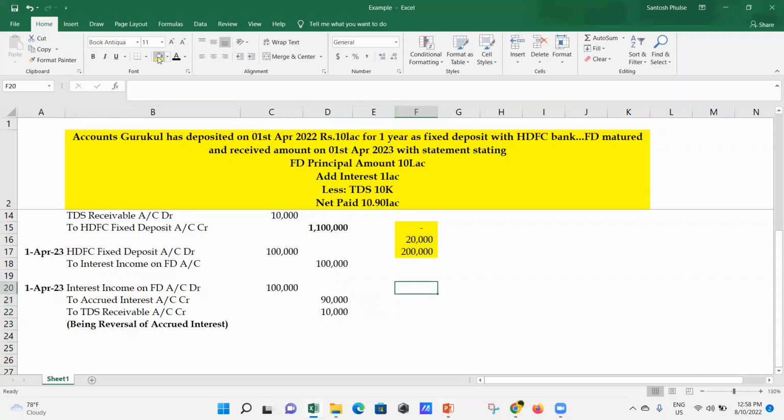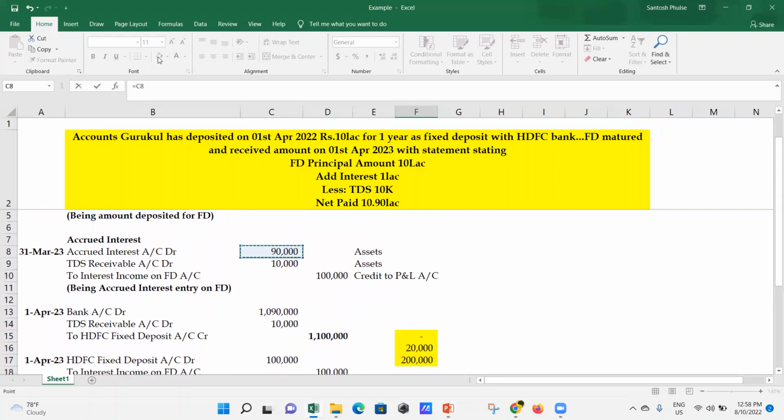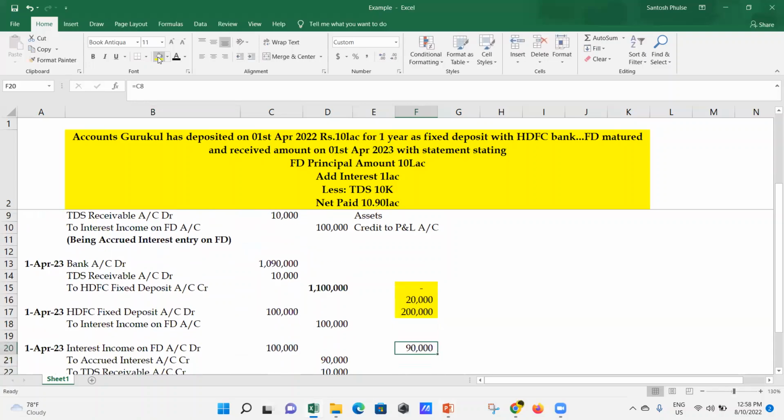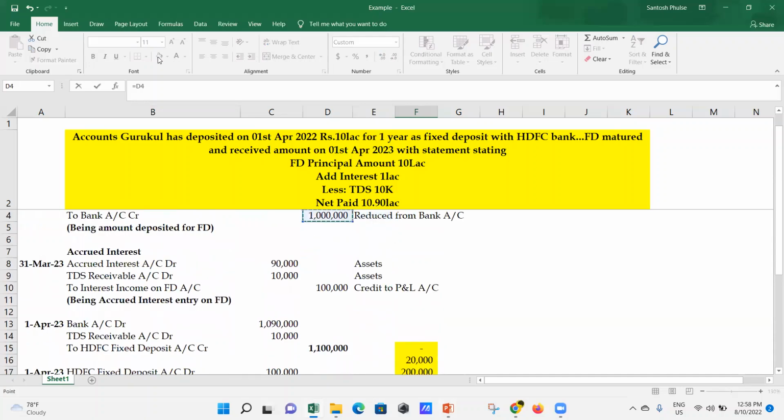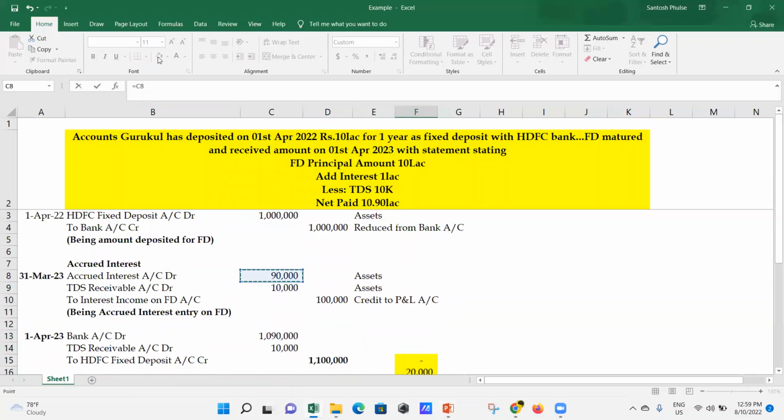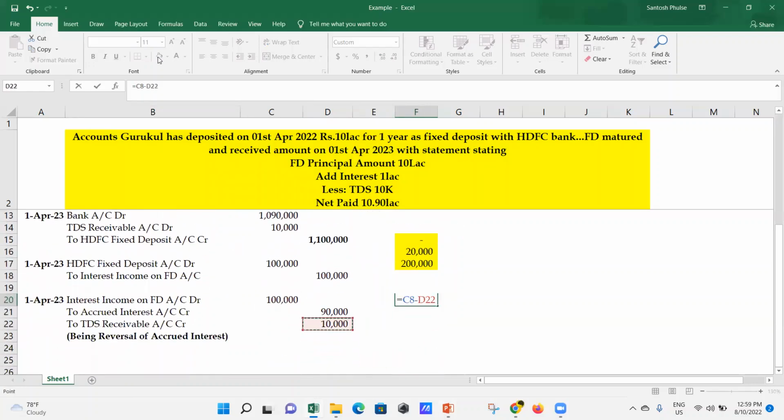Now you can again recalculate what's the balance in each account. So here accrued interest we have debited as 10,000, 90,000. Then this is 90,000, and you can see here we have done the reversal of 90,000.